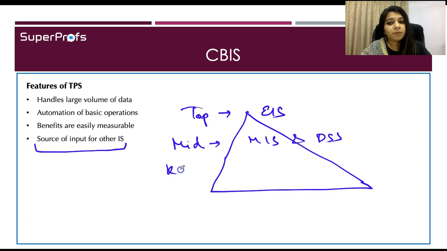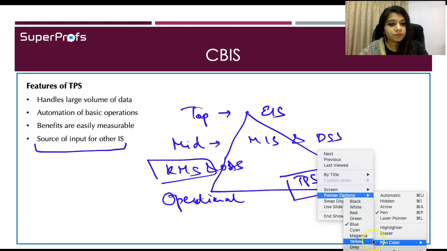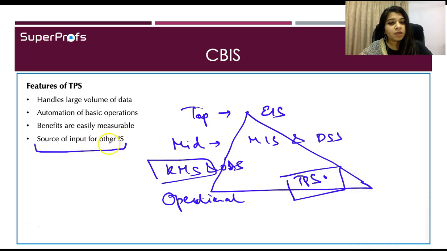You have KMS, which utilizes knowledge from various levels, and OS, and then you have the operational level, which utilizes your TPS. Basically, whatever output the TPS generates will be utilized by your MIS as input.